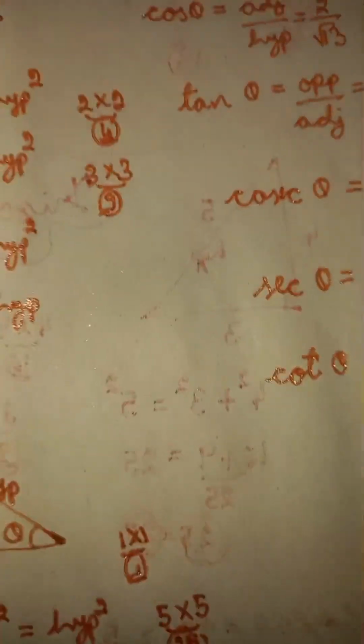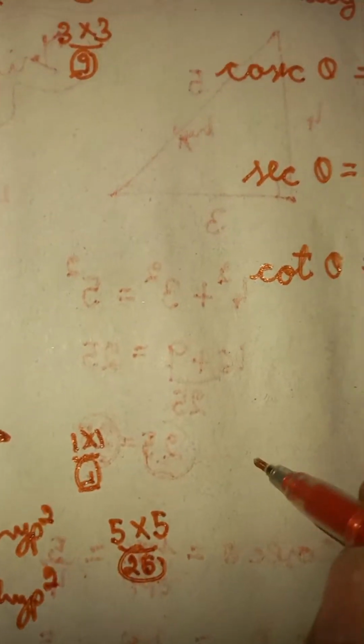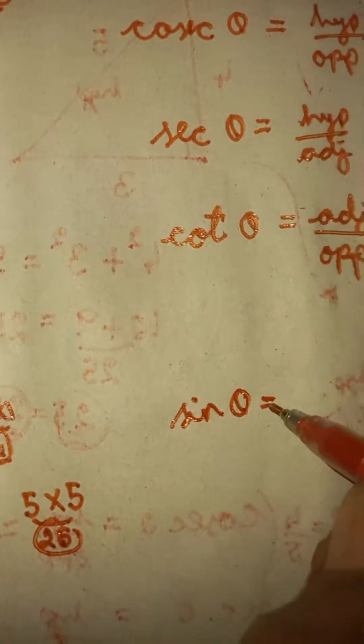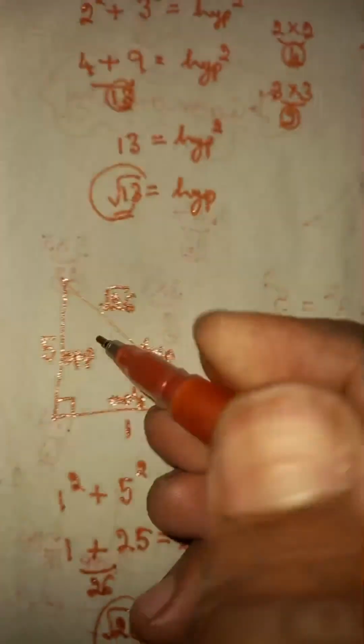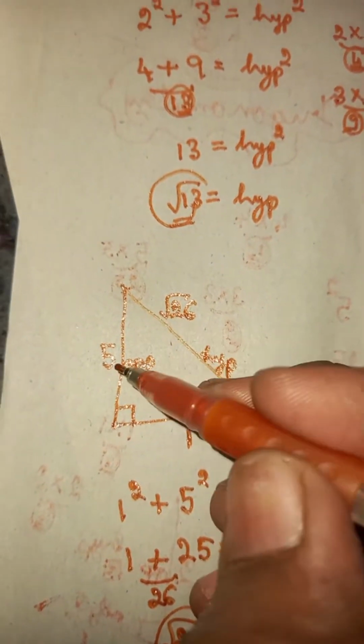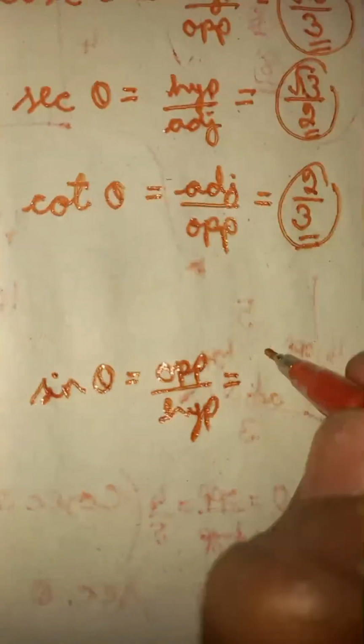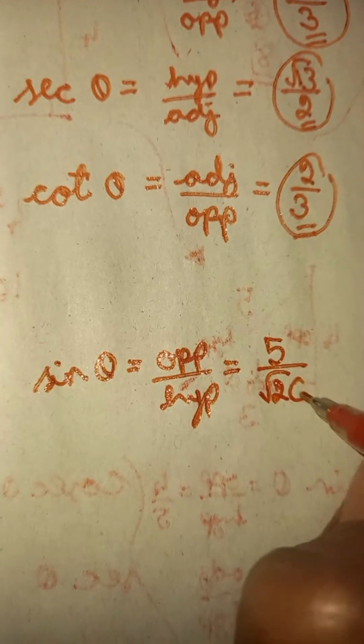Let's find out the sine to cot theta. Here you can write sine of theta. Sine of theta is opposite by hypotenuse. Here this is opposite and this is hypotenuse, so you're going to get 5 by root 26.